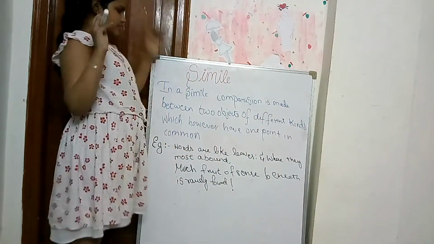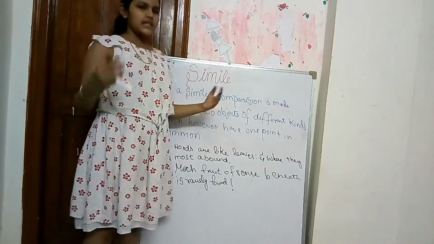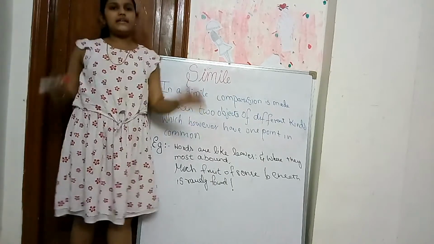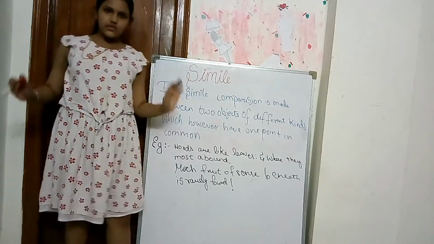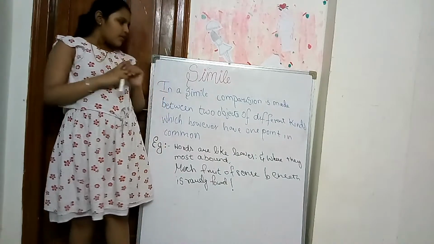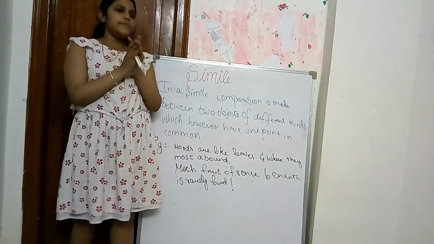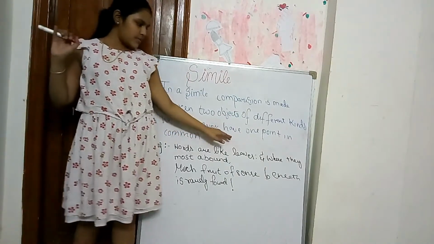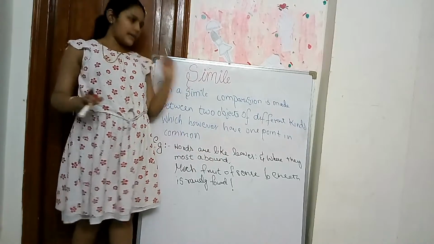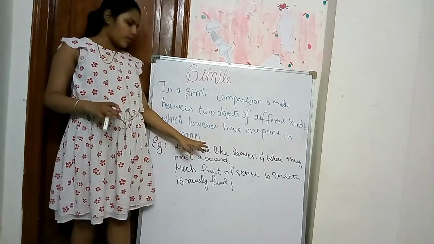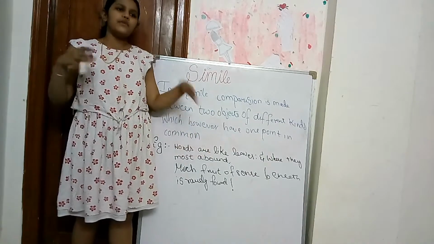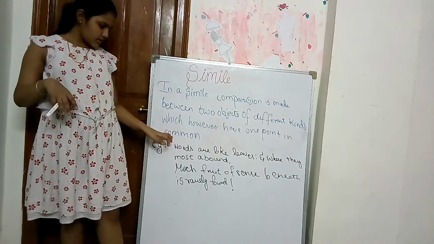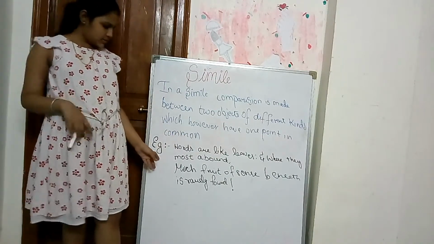That means in a simile we compare two completely different kinds of sentences, or two different kinds of objects, people, etc., which however have at least one point in common. So here we also have an example.